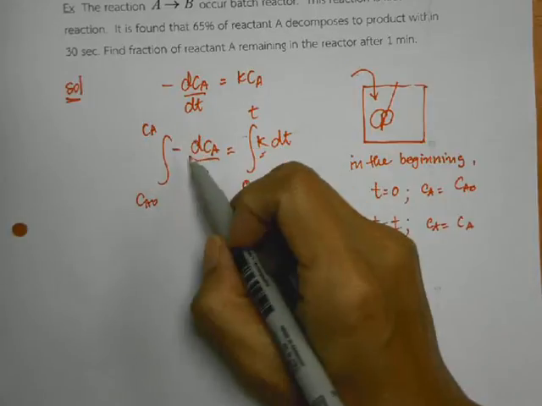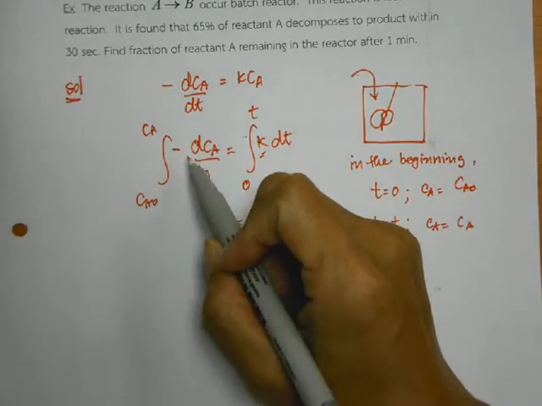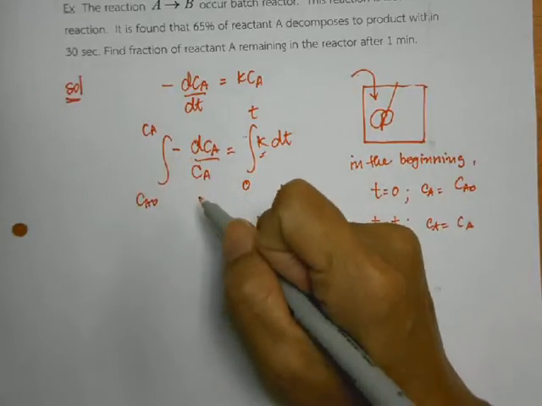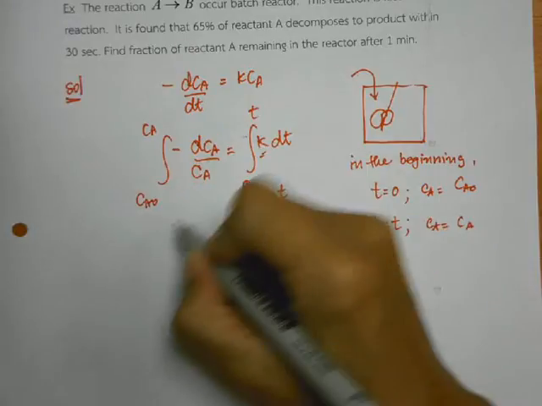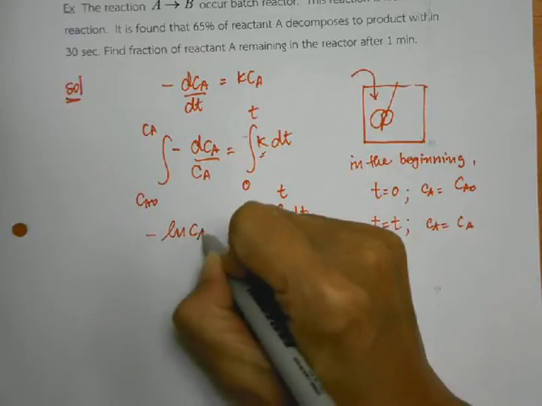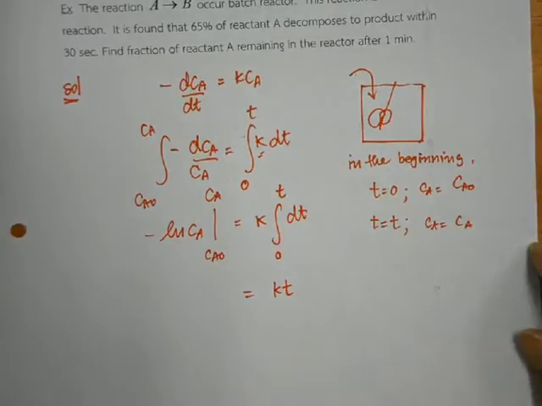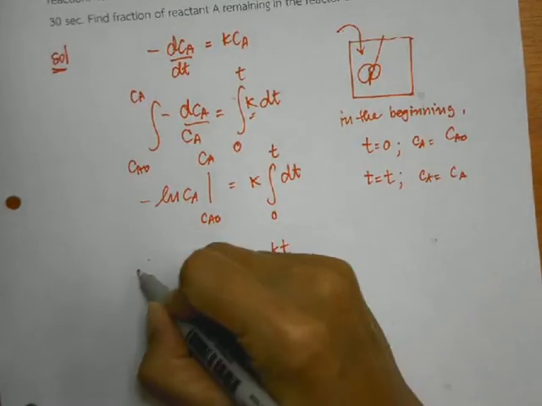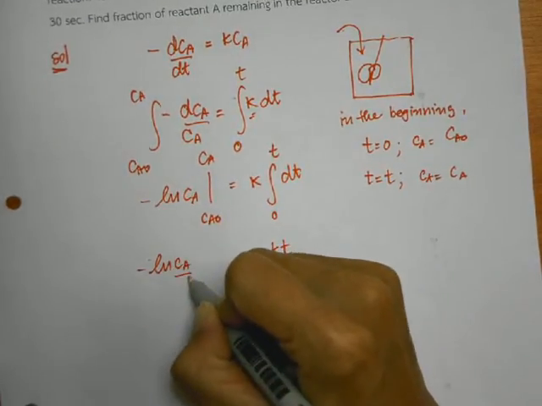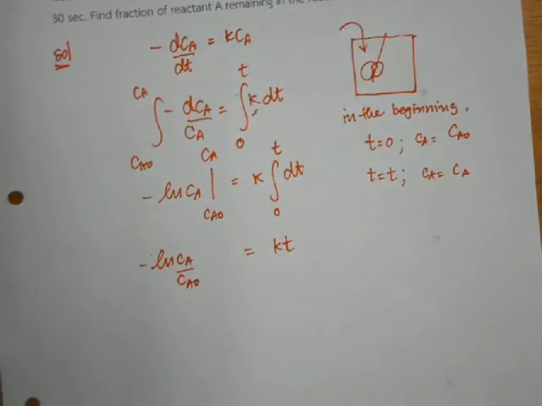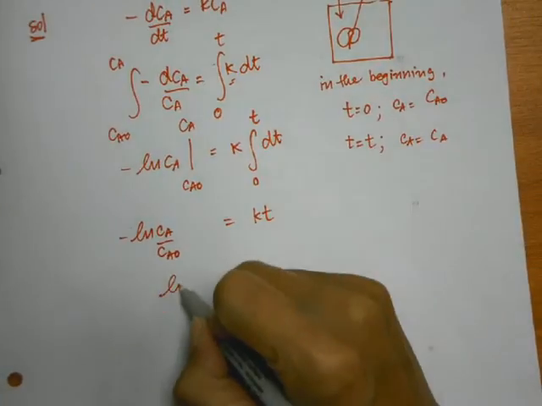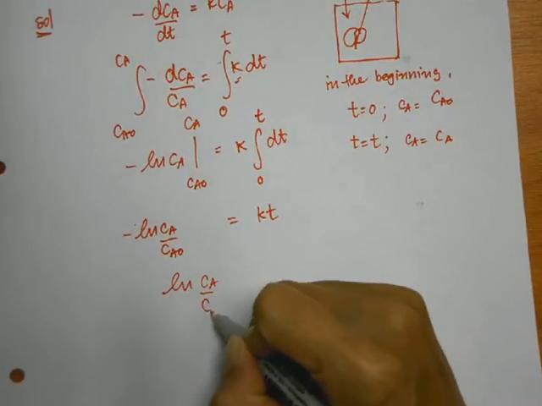And integral negative 1 over CA dCA, what you get? Minus ln CA. And then you put boundary condition there. Plus the boundary condition, you will get something like this. Or you can rewrite it again to be this term.